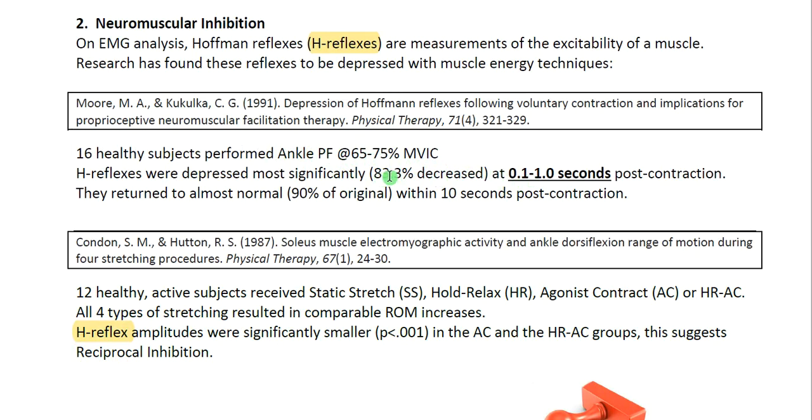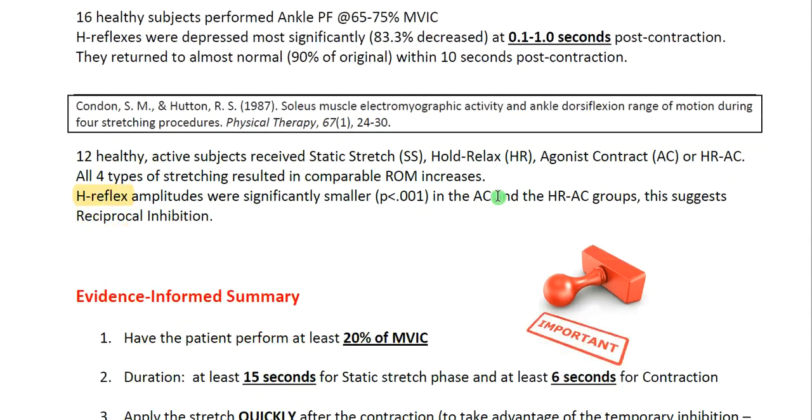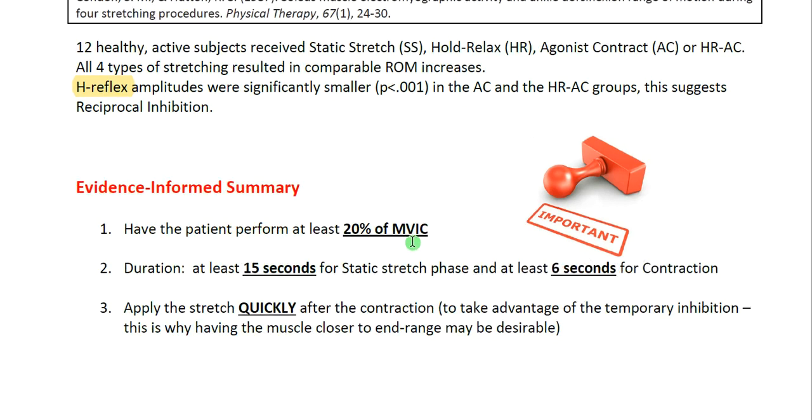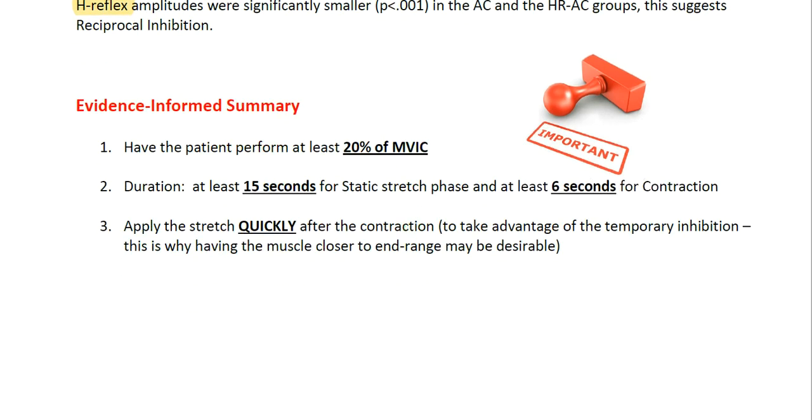And you can see that they were depressed really significantly, 83%, just within 1/10 to 1 second. Another study in 87, not more recent, but 87, showed that they were significantly smaller as well.